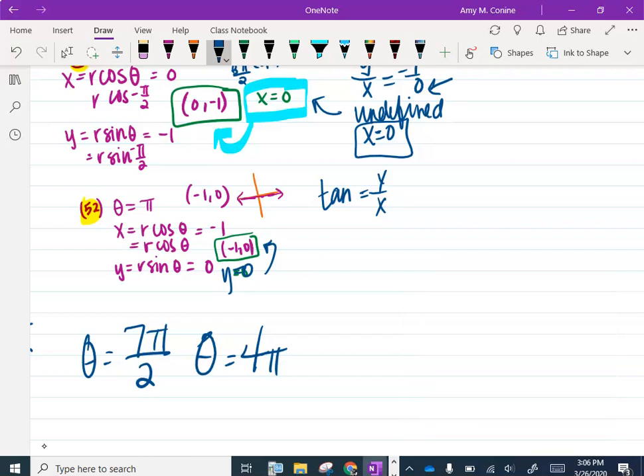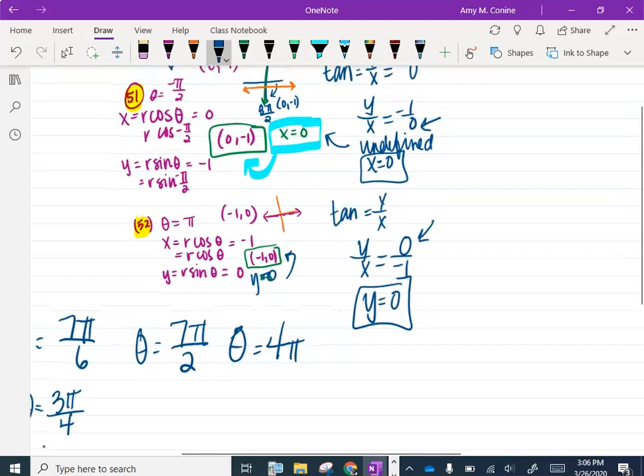Well, your tangent here, y over x, is 0 over -1. So if 0 is in the top, everything's fine. It's a 0 slope, which means your equation in rectangular form would be y equals 0. That's why they said it was y equals 0. So for 51 and 52, that's exactly how you would solve it.